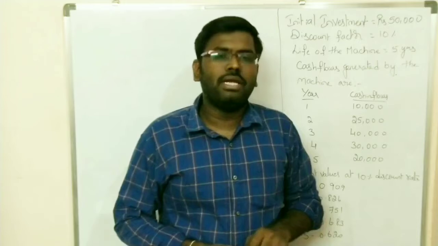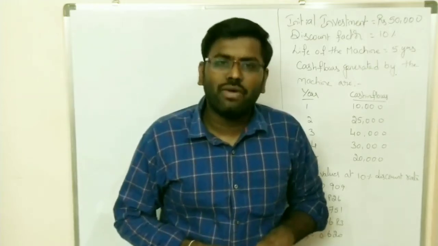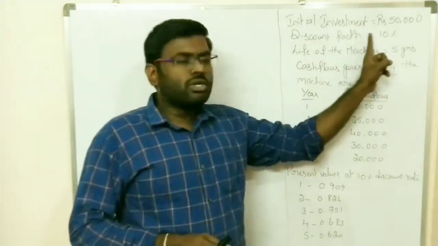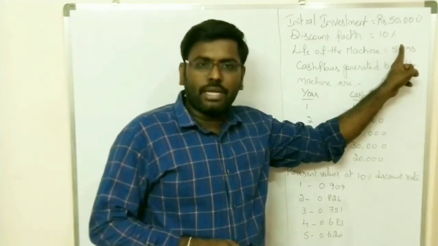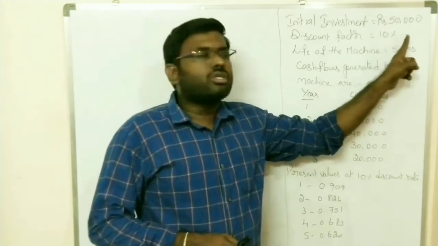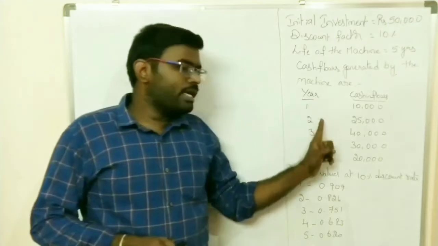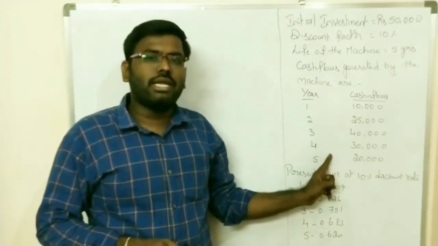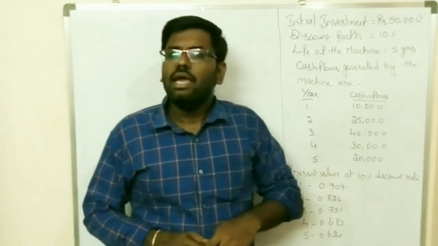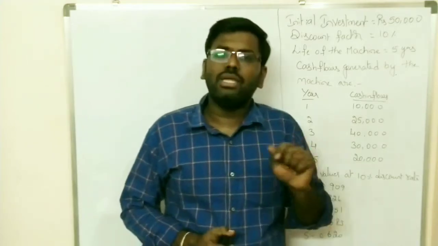We will have a separate table which is called the present value table. Whatever the discount factor or cost of capital provided in the problem, at this rate for every year, for the cash inflows generated in each year we will take the present value from the table.